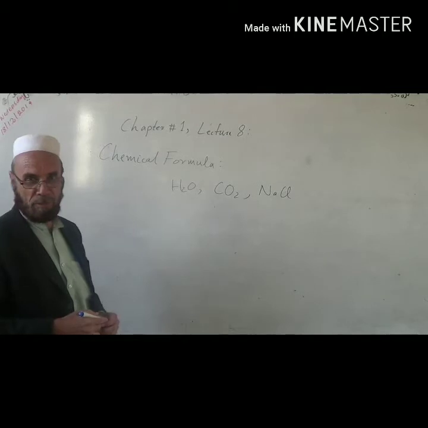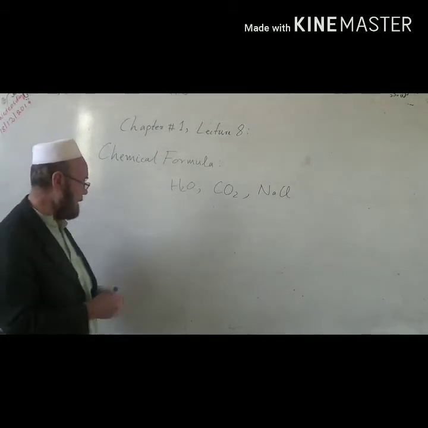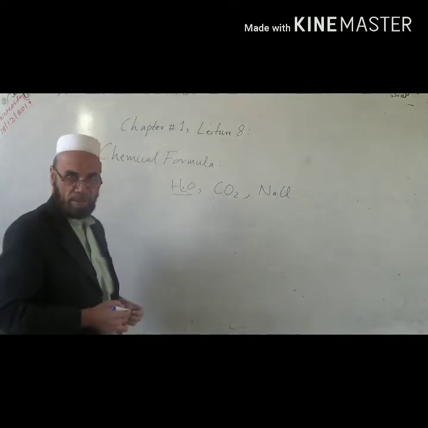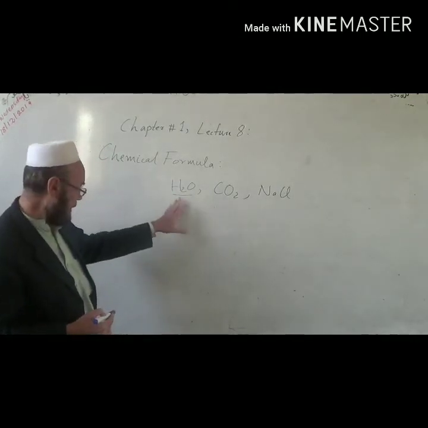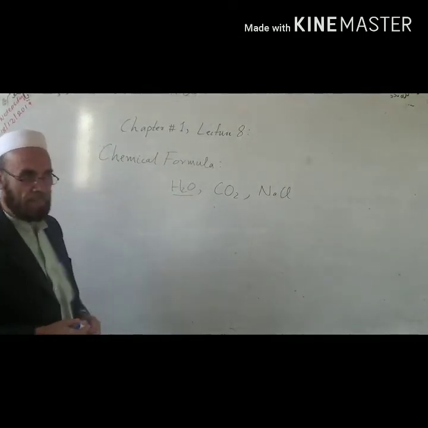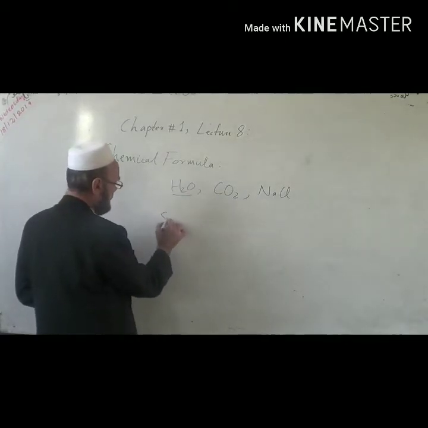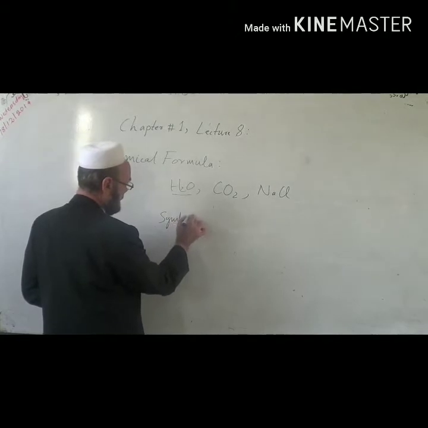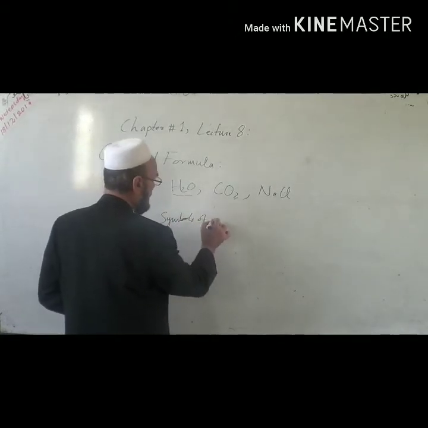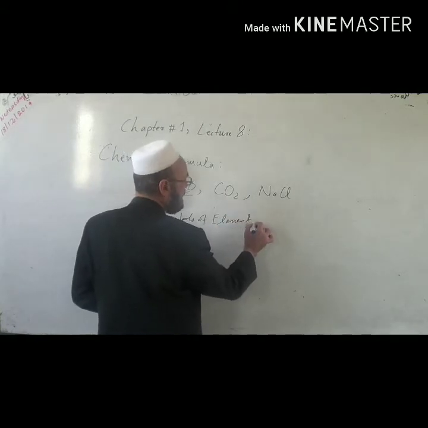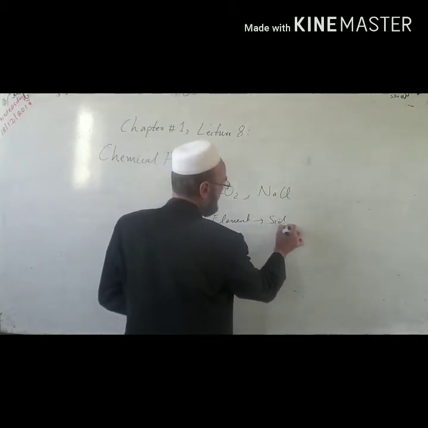So what is a chemical formula? A chemical formula is a shortcut name for compound. A shortcut name means that a chemical formula is made up of symbols of elements written side by side.